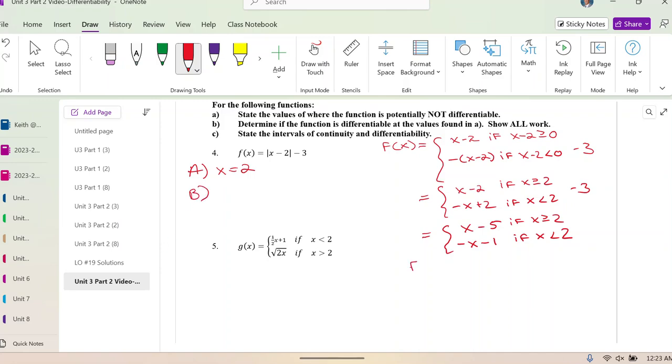let's figure out first here what's the derivative of this. So remember the slope here would be 1 if x is greater than 2, and it'd be negative 1 if x is less than 2. But let's determine if it's actually differentiable at 2. So remember f prime of 2 from the left would be negative 1.